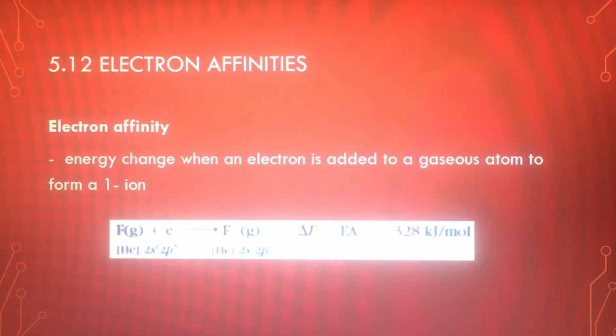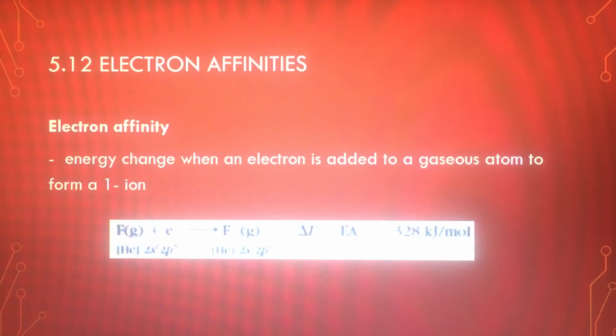Here we are in the last topic for chapter 5, which is electron affinities. From the last video, ionization energy is the energy required to remove an electron. Electron affinity is the energy change when an electron is added to a gaseous atom to form a -1 ion.